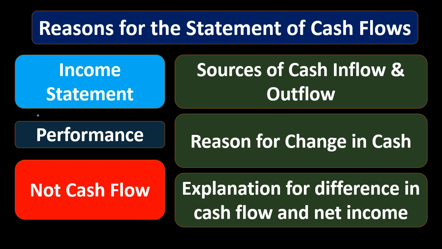Isn't that important? I need to know what the actual cash flow is. And by doing the statement of cash flows, we get the best of both worlds, because the income statement will better measure the actual performance on an accrual basis. That's a better measurement of what we're actually doing. And the cash flow statement will give us those cash flows and tell us where the cash is coming from, where the cash is going, and what the change in cash is due to.